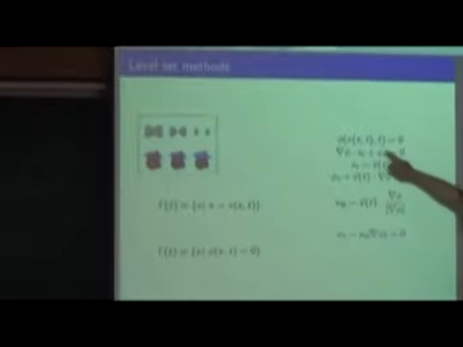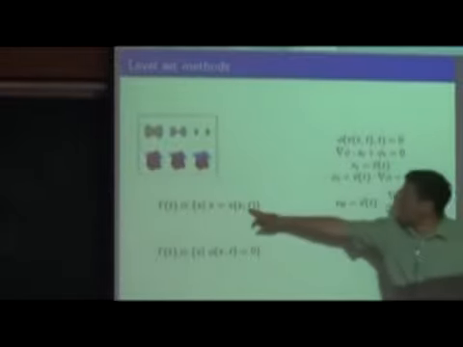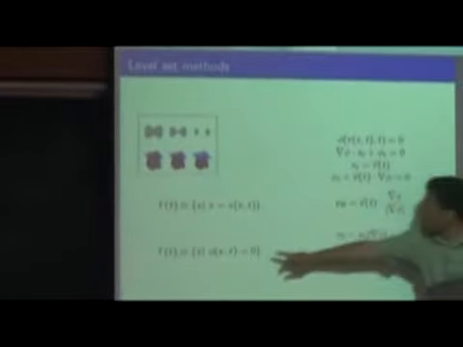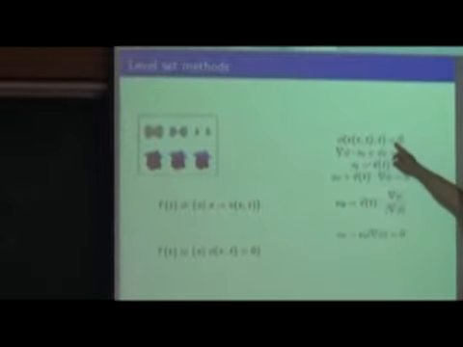So this is a curve, phi on this curve equals 0, right? This curve is originally parameterized, and with the level set it is expressed in this way.